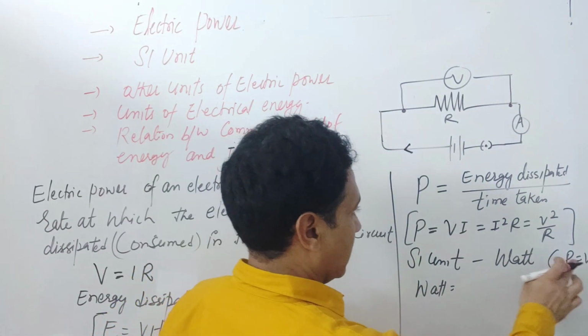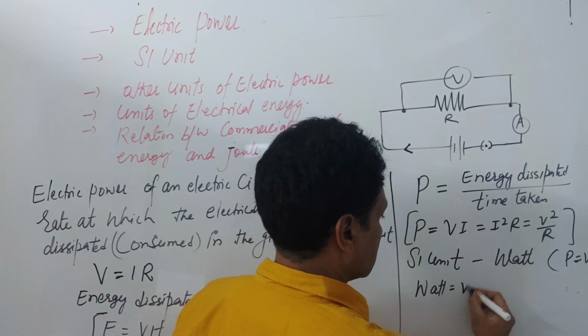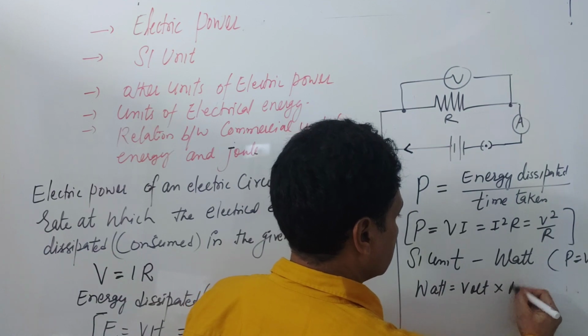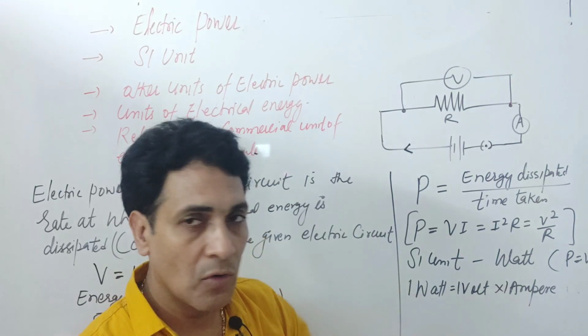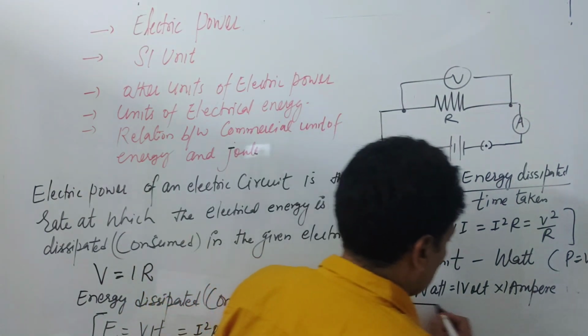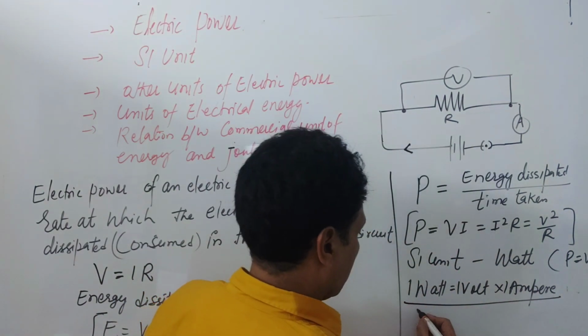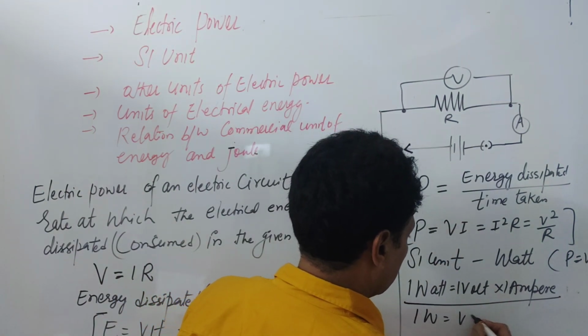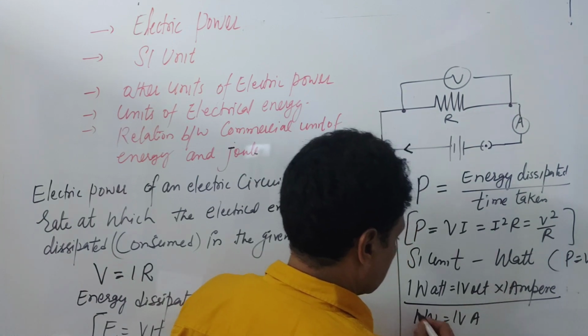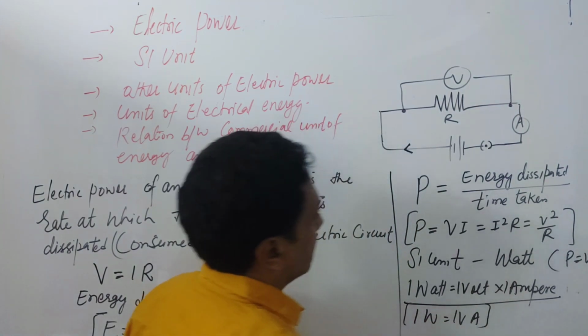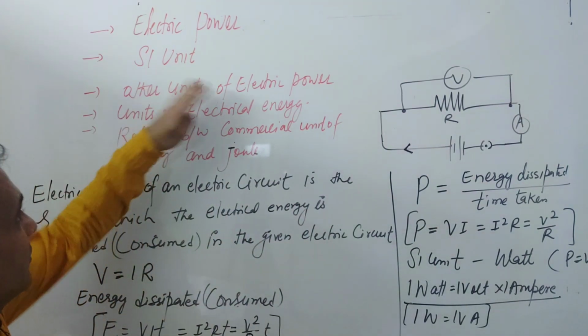The unit of potential difference is volt and the unit of current is ampere. So 1 watt is equal to 1 volt ampere. This is the SI unit of power.